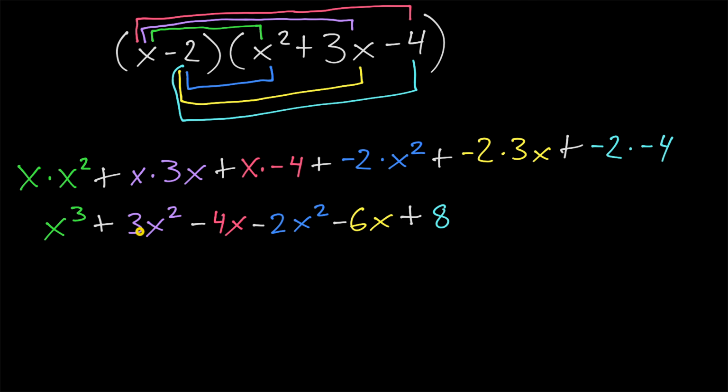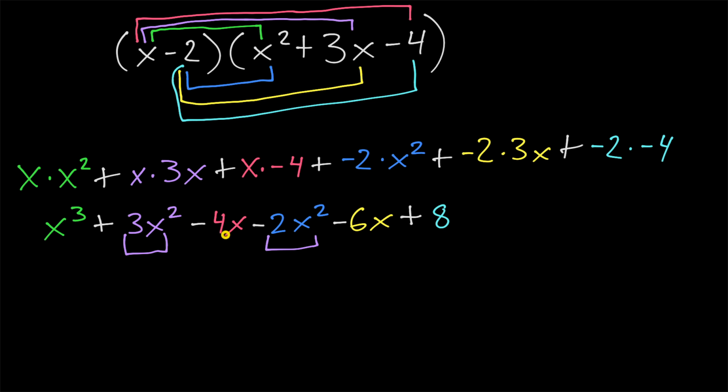Well, this 3x squared has an x squared. Negative 4x has an x, but it's not squared, so this 3x squared cannot be combined with this 4x. Negative 2x squared has an x squared, so we can combine these two terms. Negative 6x cannot be combined with 3x squared. And 8 cannot be combined with anything that has x squared either.